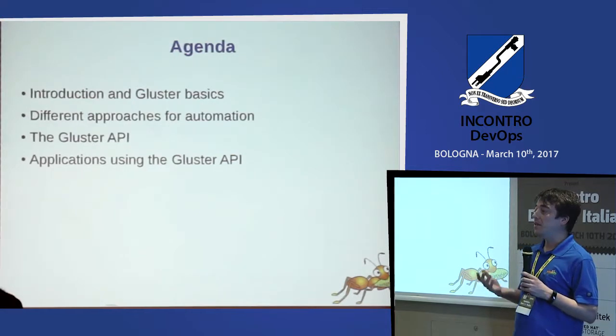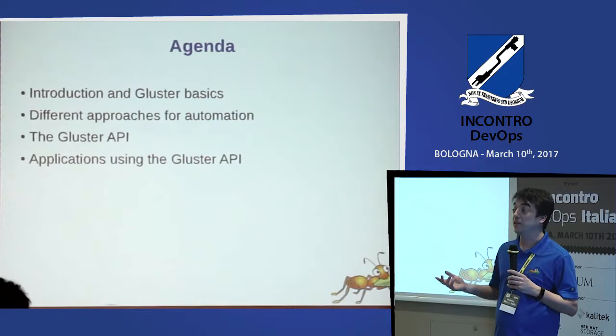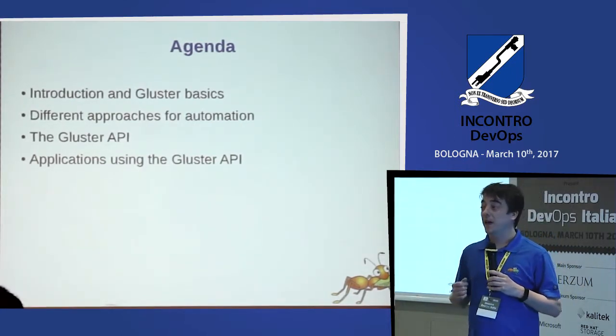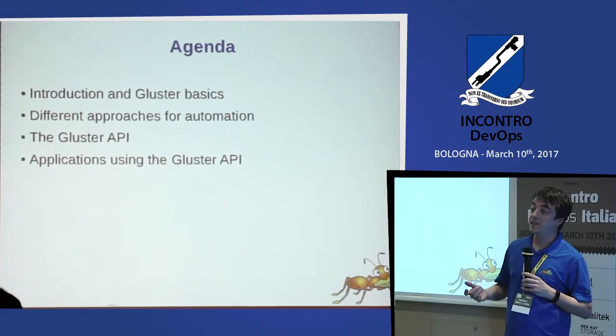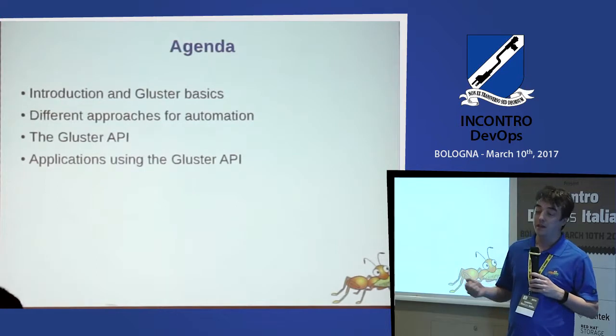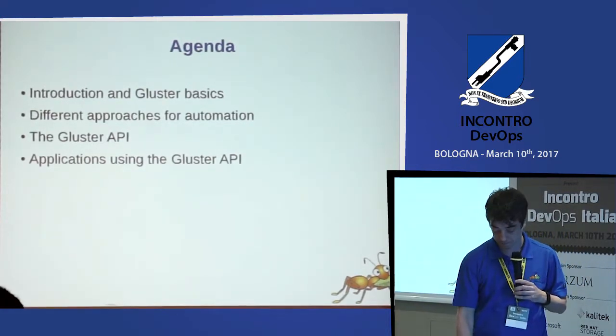We have different ways of doing provisioning automation for applications so that they can use the storage. There is an API to enable your application to actually use the storage directly from within the API, which is a very performant way of doing things, and I'll show you some examples about it.